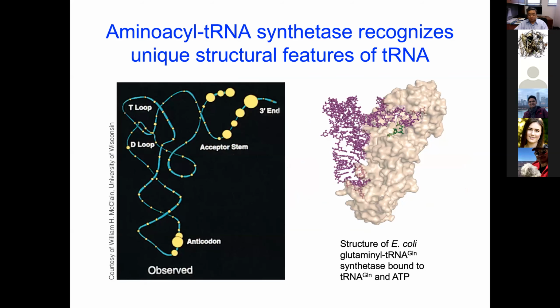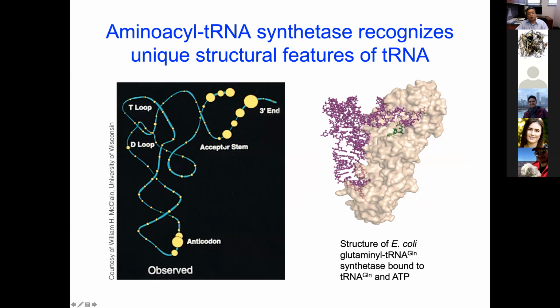Because all the tRNAs are very similar to each other, and a lot of nucleotides in the tRNA sequence are conserved, if you look at which nucleotides get recognized by the enzyme, this is a statistical view, and you see it's mostly the acceptor stem.